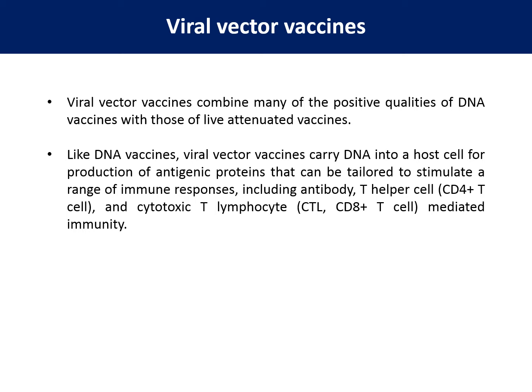So when we use a viral-based vector, we can somehow emulate the danger signals that live attenuated vaccines possess. But instead of delivering the genetic material of the virus, we can modify it with the gene that encodes a specific antigen, maybe a protein antigen.